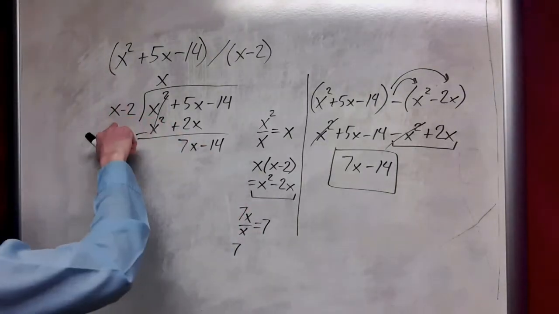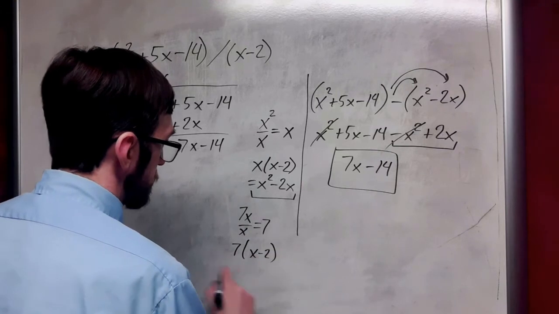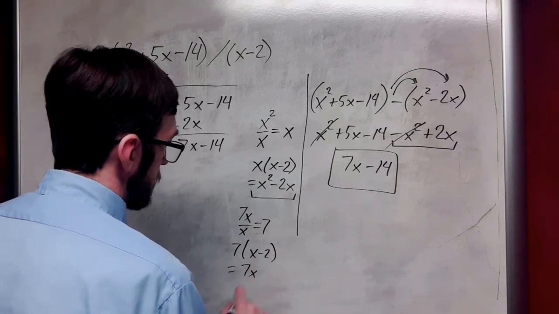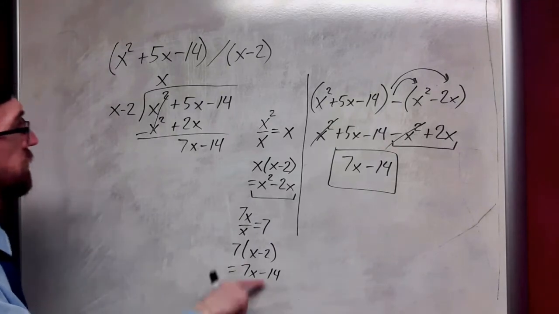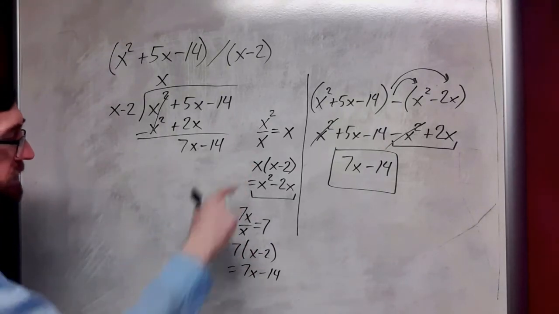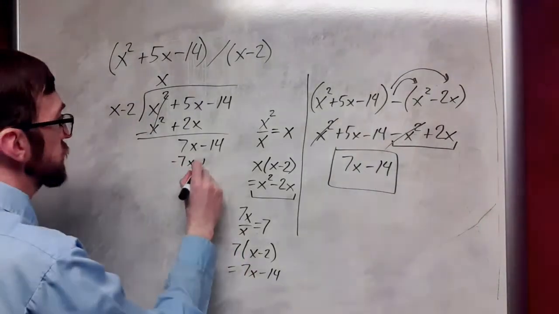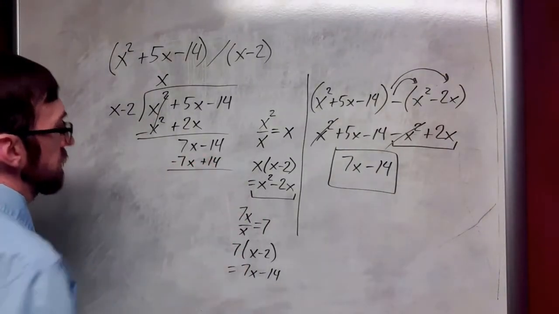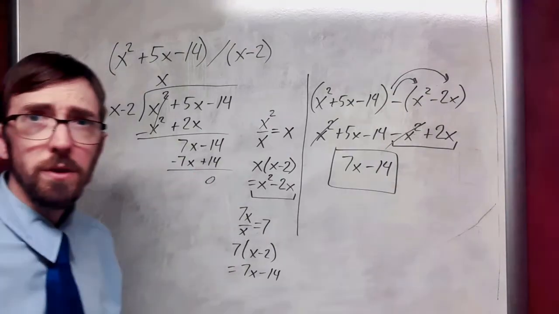We take this and multiply it by the term that we're dividing by, and that gives us 7x minus 14. So we're going to bring this up here and subtract it out. This is polynomial subtraction, so all these signs change. And as we bring our like terms together, we find that that goes to 0. That's what we like.